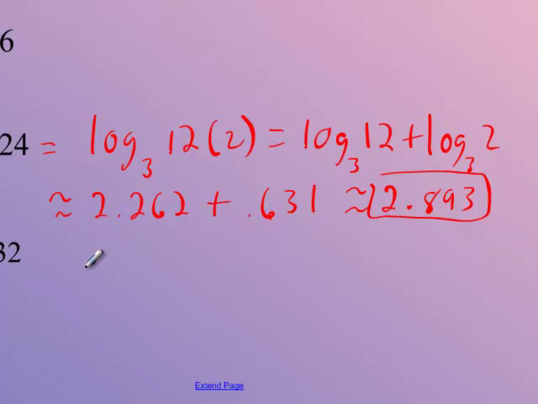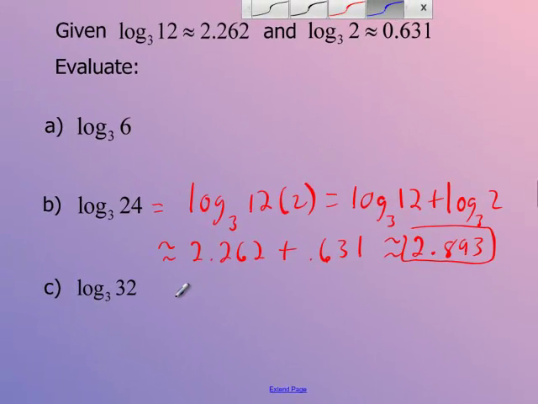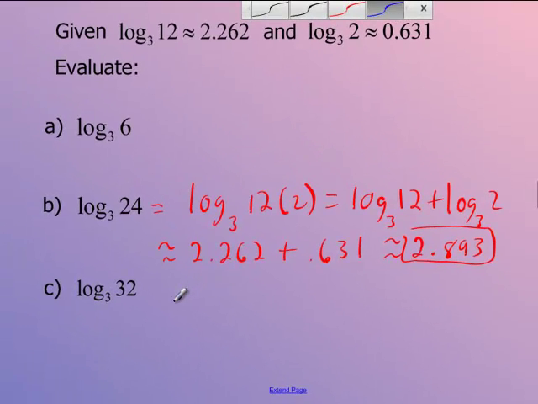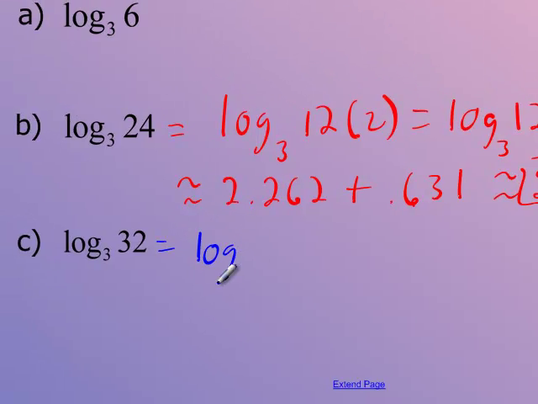This last one, I have log base 3 of 32. When I approach this one, I know that 2 to the 4th power, actually 5th power, wow. So 2 to the 5th power is going to give me 32. So I would rewrite this as log base 3 of 2 to the 5th power.